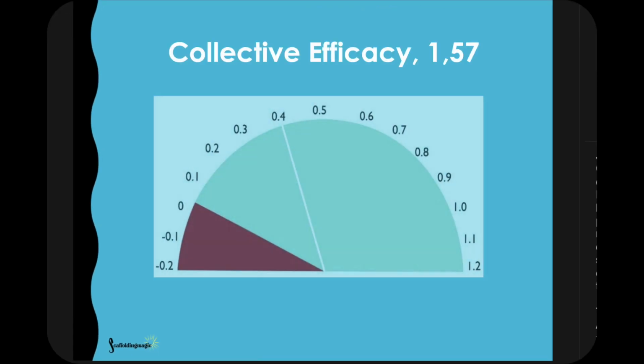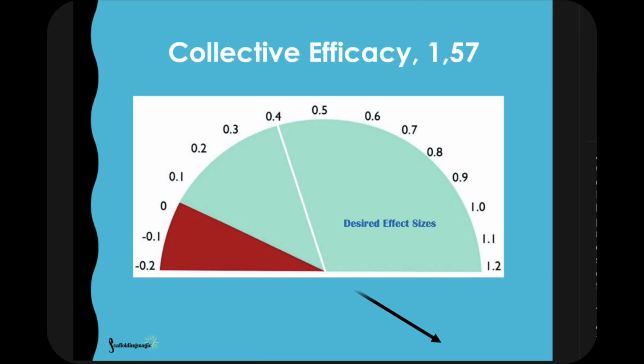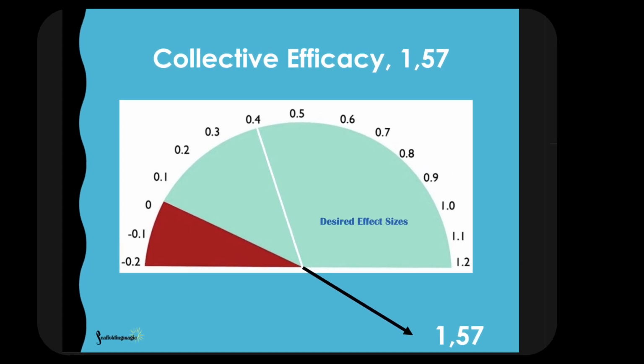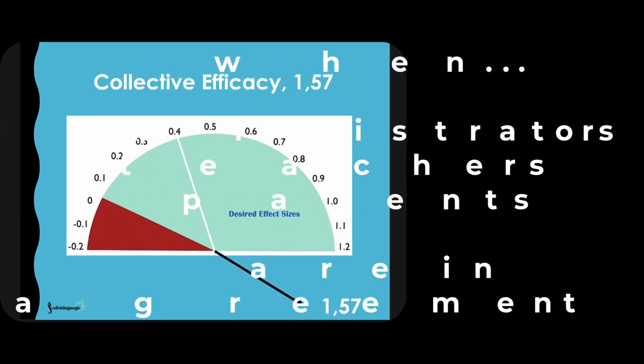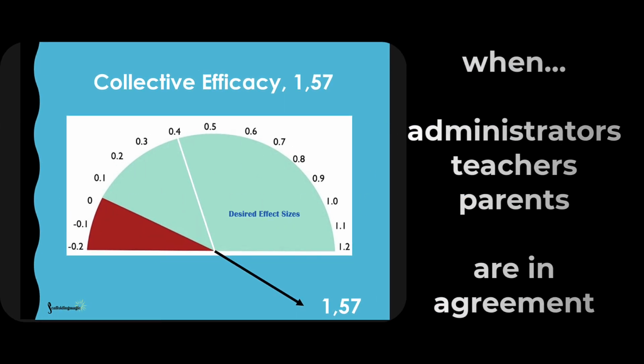So just a few seconds ago, in the review of the last lesson, I used the term collective efficacy. If you've looked at Hattie's 252 educational practices, you'll have seen that collective efficacy has the highest influence on learning. Why?